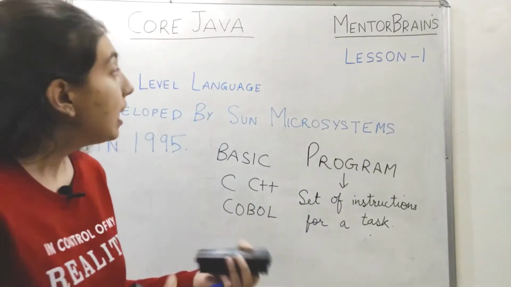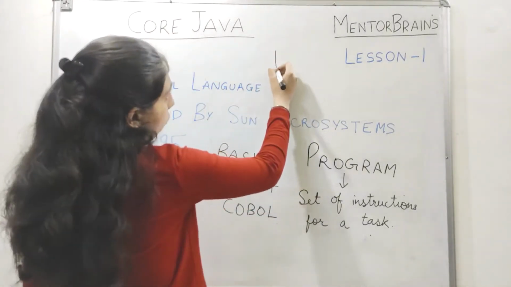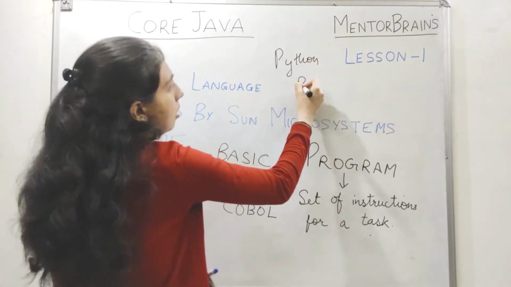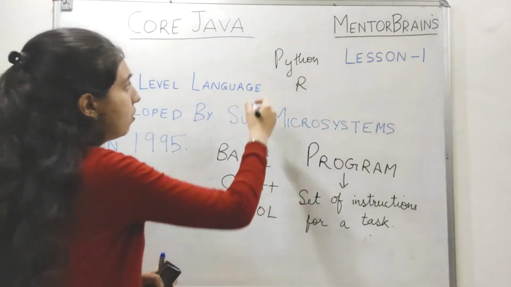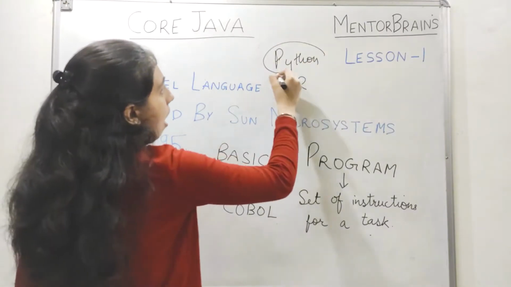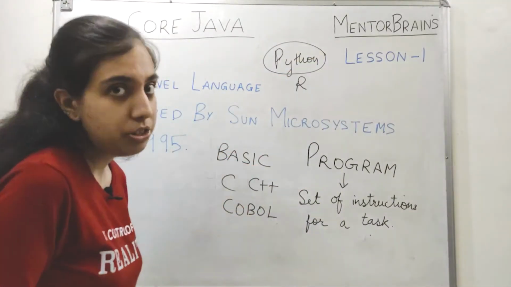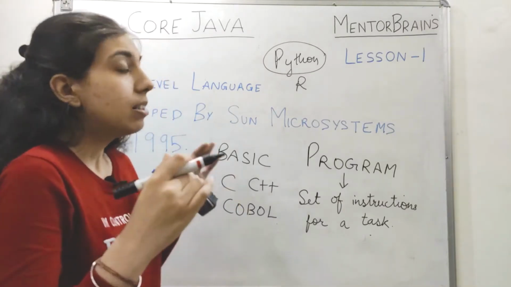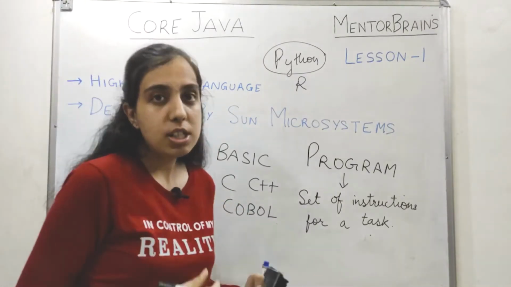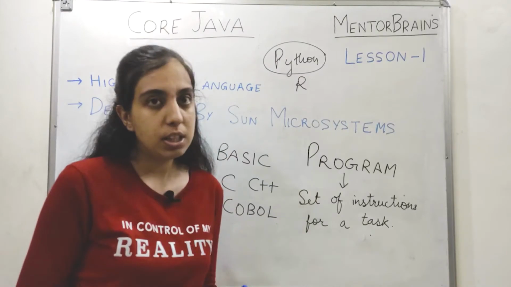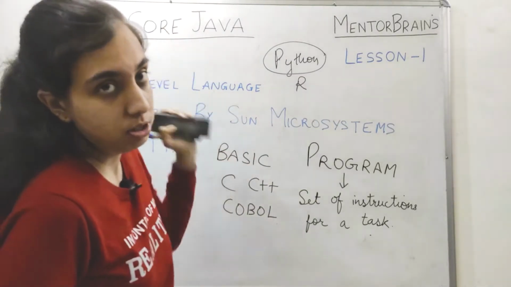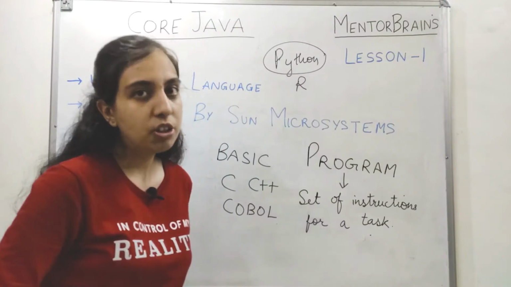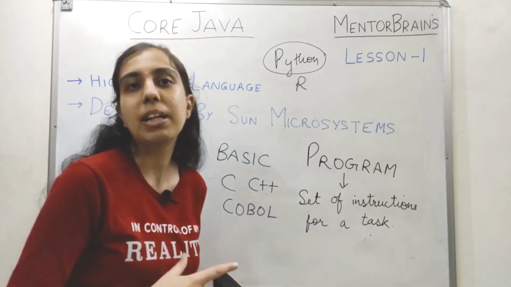And the latest ones are Core Java, of course, Python, R. And out of these programming languages, Core Java and Python are used very much nowadays because they are easy to understand, easy to learn, but conceptually, to understand basic concepts of programming and to get started with it, Core Java is very important. So that's why I'm beginning with Core Java, so that you understand the basics of programming and then you can code in any programming language.